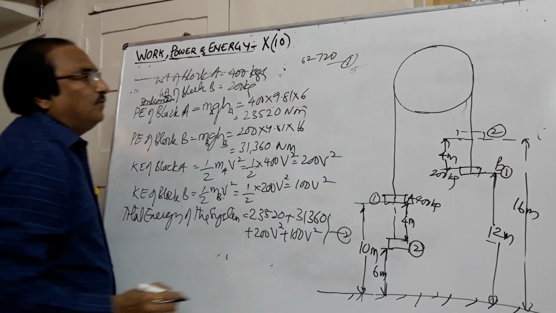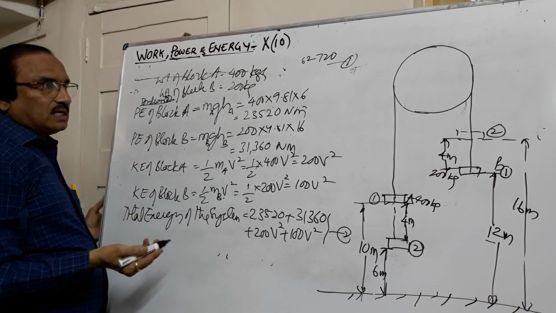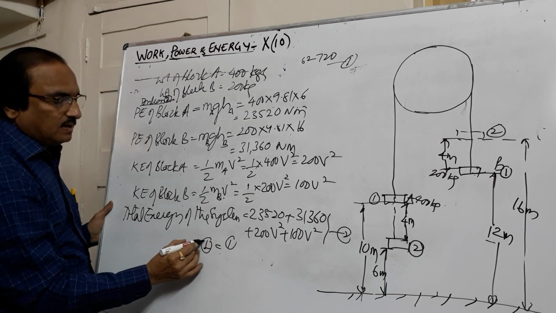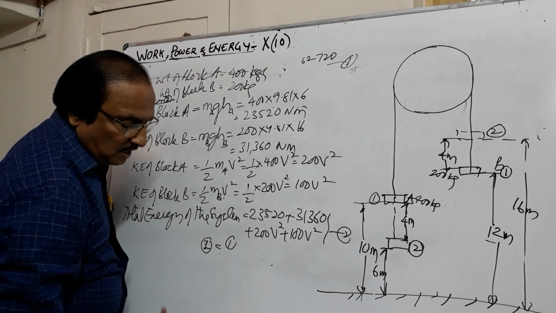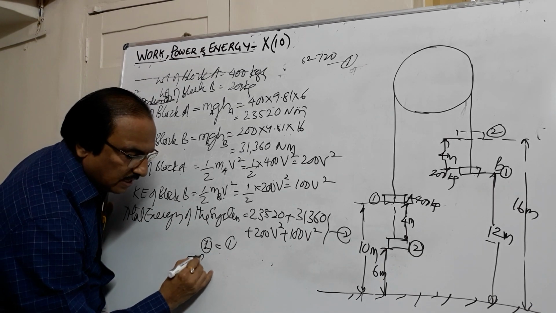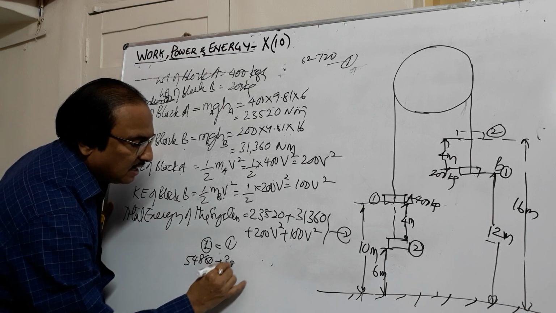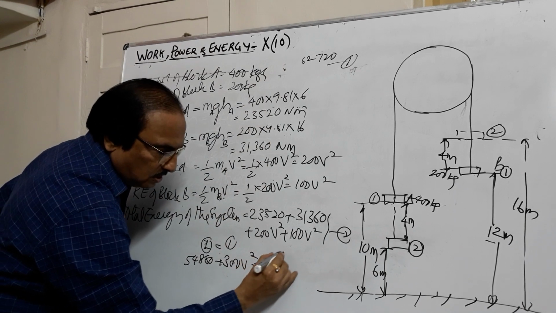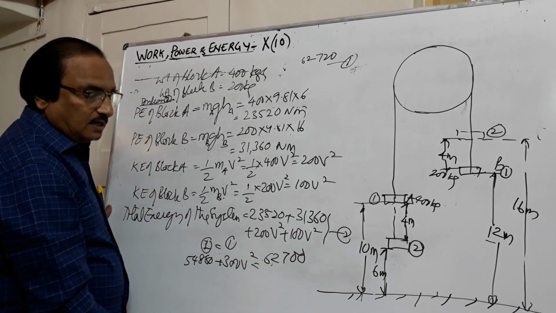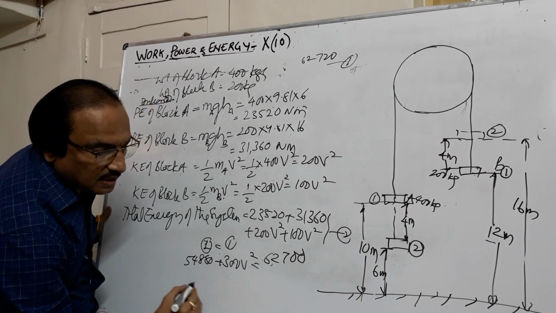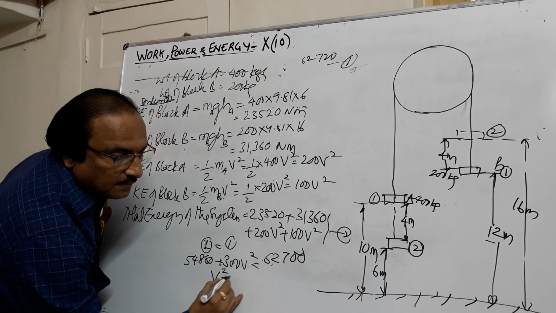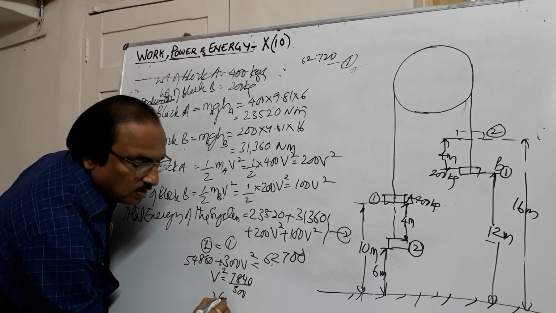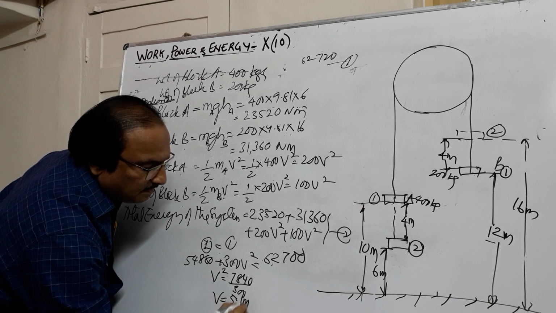So here we have two total energies, and the energy remains the same. Let us equate 2 to 1. We get 54880 plus 300 v squared equal to 62720. Then v squared will be 7840 divided by 300, so v will be equal to 5.1 meters per second.